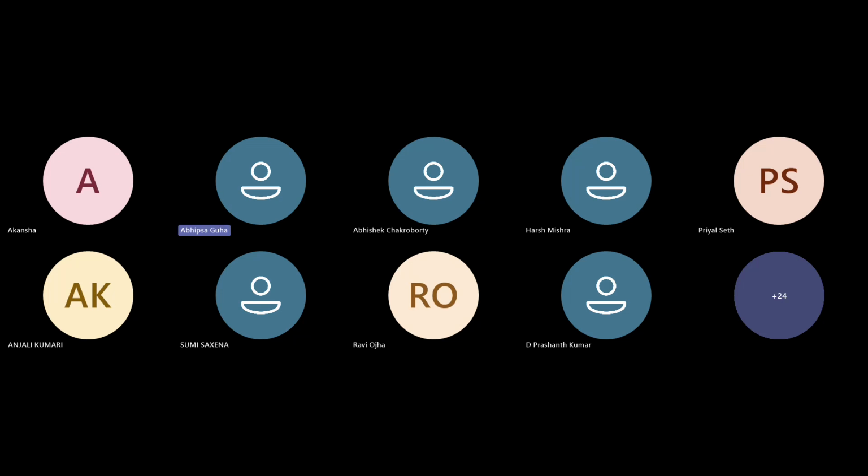Okay, guys, we'll just start now. So let me just share my screen. Let me know if my screen is visible to you or not. Is it visible? No, ma'am.